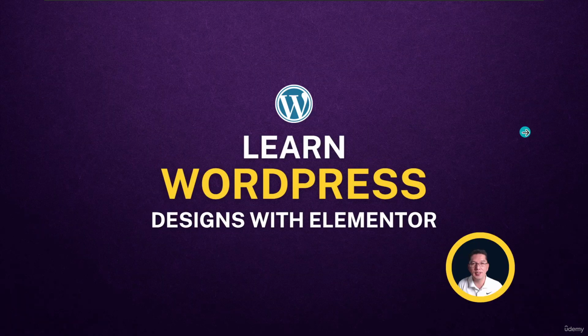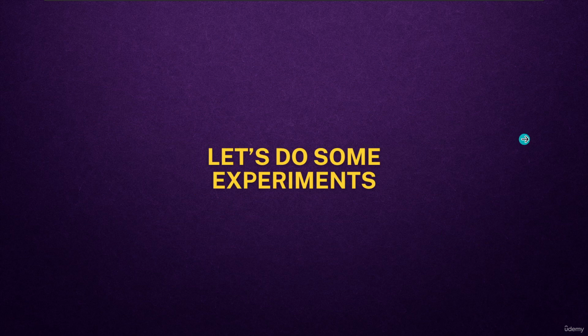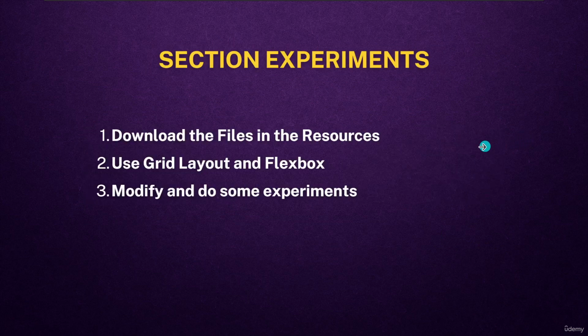Alright, welcome back. So we're gonna experiment with our Flexbox and Grid layouts. So let's do some experiments. We have already downloaded the files in the past lesson. So we're gonna use the files, the images, to experiment and modify the Flexbox and the Grid layout section.